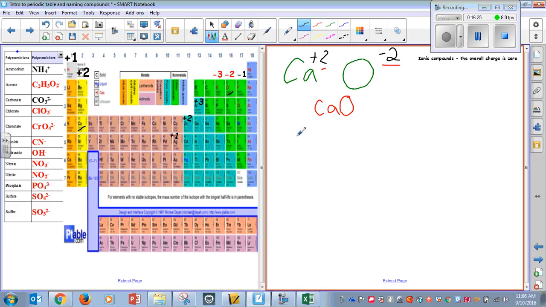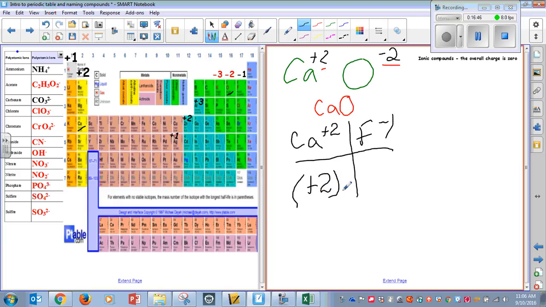Now let's write another one. What would I get if I took calcium, which is a +2, and paired it with fluorine, which is a -1? Well, now let's look at what my breakdown of charges is. I have +2 on this side, and I have -1 on my negative side. Those aren't equal. The only way I could balance this out would be to multiply my -1 by 2.